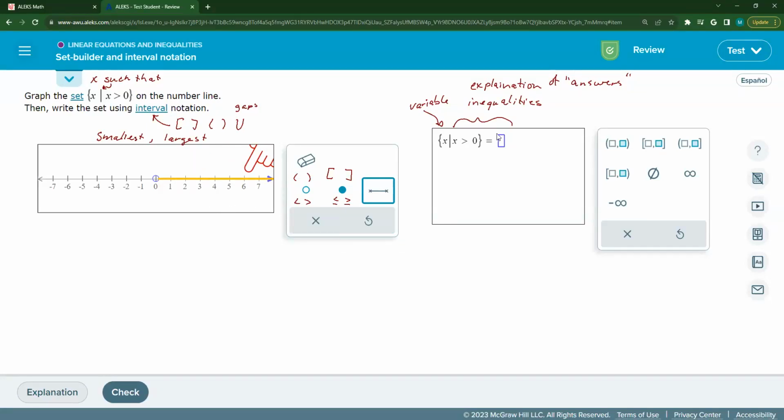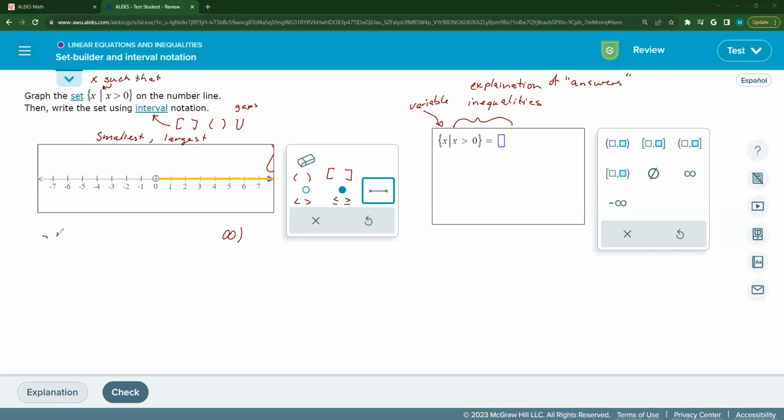So with this, when we're doing interval notation, I'm starting at a number which is 0 and it's an open circle. So the one thing that we do have to add into our notes is the infinities. So infinity always gets a rounded bracket.